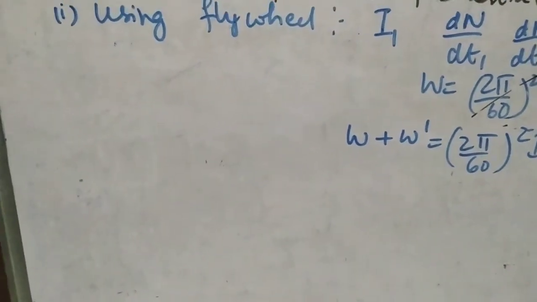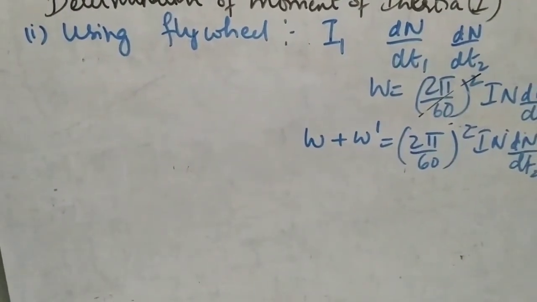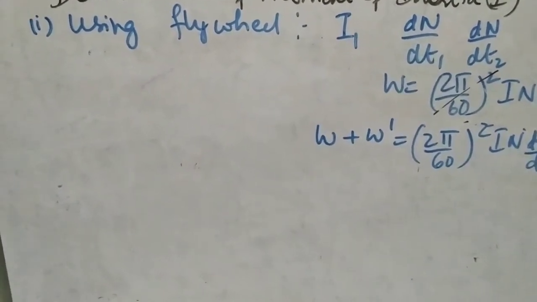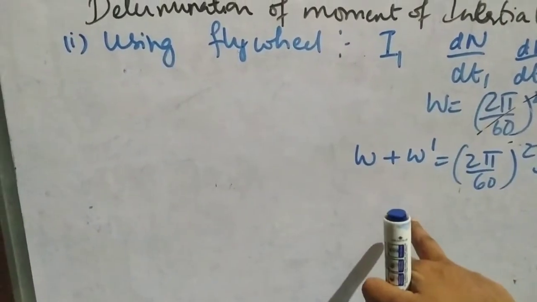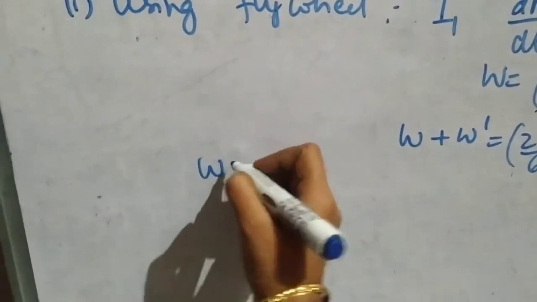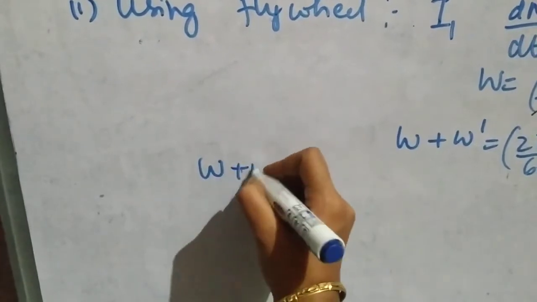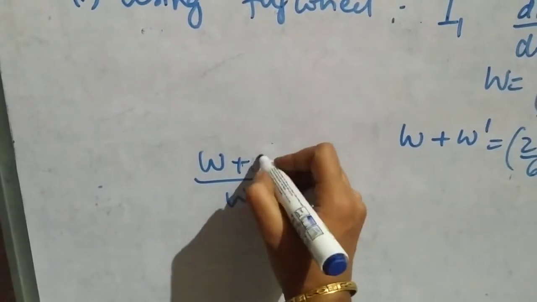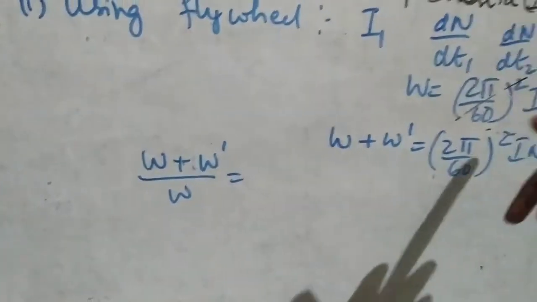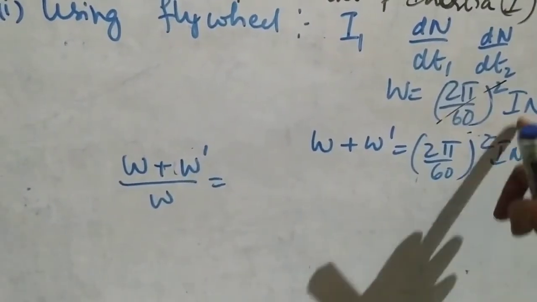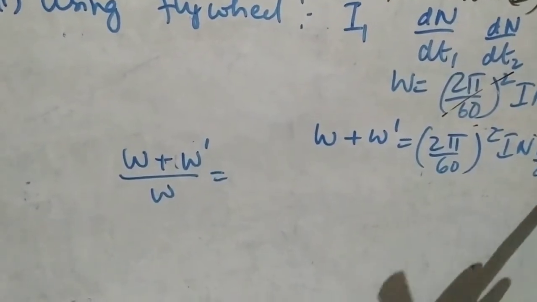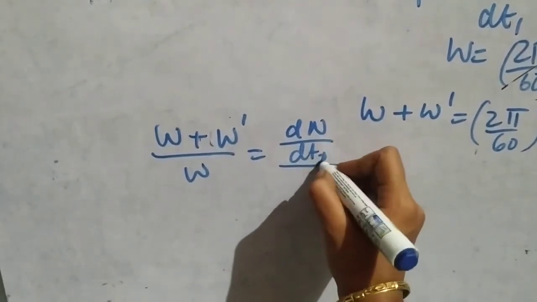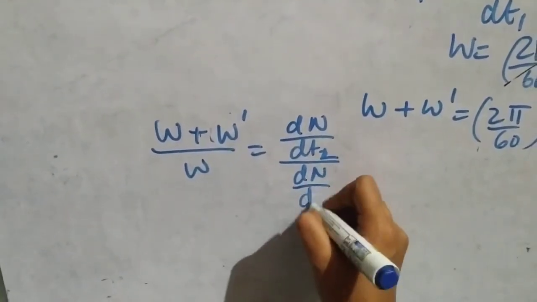The dN is the change in speed, which is the same in the two cases, so again we take a ratio of these two. It becomes W plus W dash divided by W. The 2 pi by 60 terms get cancelled, so I take dN by dt2 divided by dN by dt1.